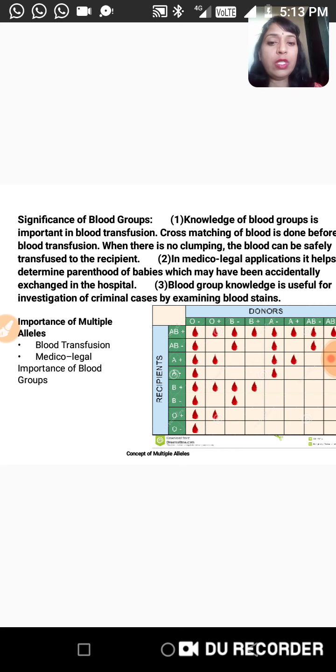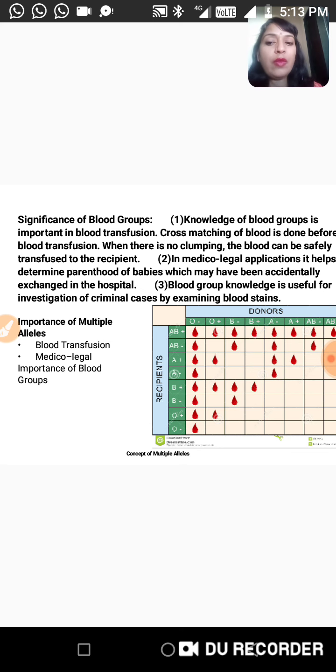in medico-legal applications, it helps to determine the parenthood of babies which may have been accidentally exchanged in the hospitals, right? Blood group knowledge is also useful for investigation of criminal cases by examining the blood stain observed at the crime site.